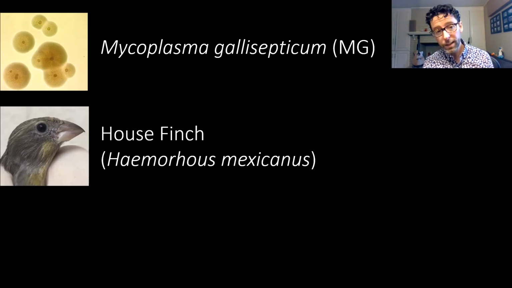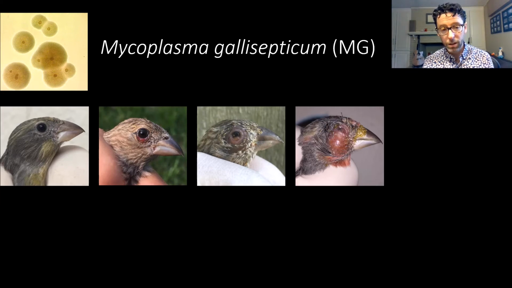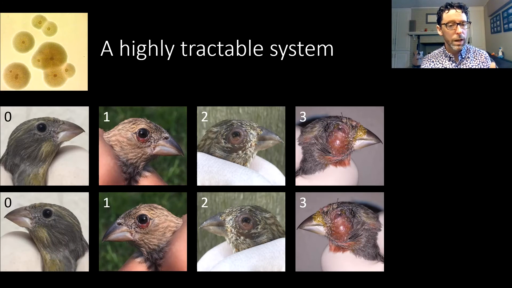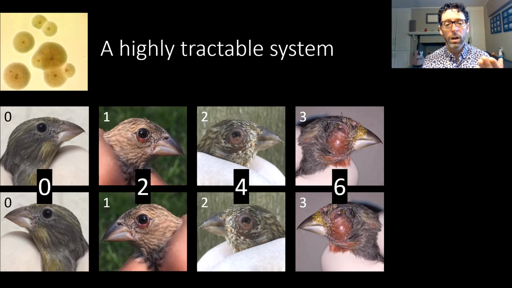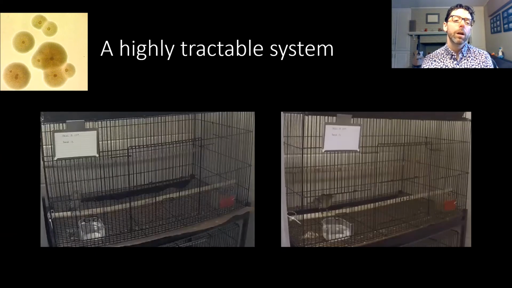We've been looking at this in house finches infected with their bacterial pathogen Mycoplasma gallisepticum, which jumped from chickens in the early 90s, causes, fair warning, pathology coming up, severe conjunctivitis in the finch hosts. But that gives us a really tractable system because we can measure that external pathology for tissue-specific tolerance. A scale of 3 per eye, so you're going to see axes of 6 in the talk.